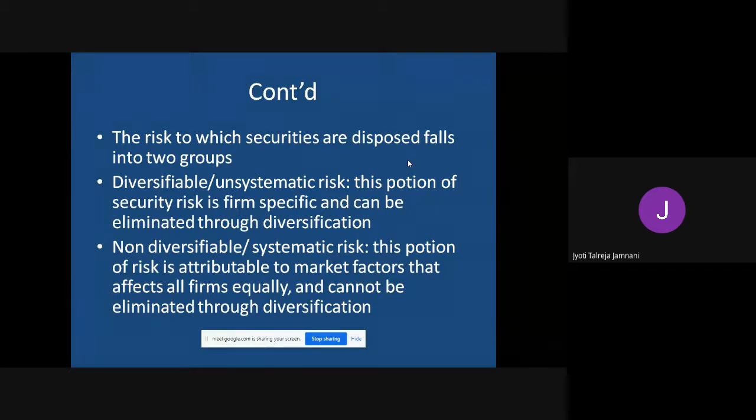And we call it systematic because it affects all the companies in the same way. You cannot eliminate or diversify this risk because this is not in your control. It's not your firm specific factors, but it is affecting the entire country. And whatever happens in the country will happen to your company also. So that is non-diversifiable risk.